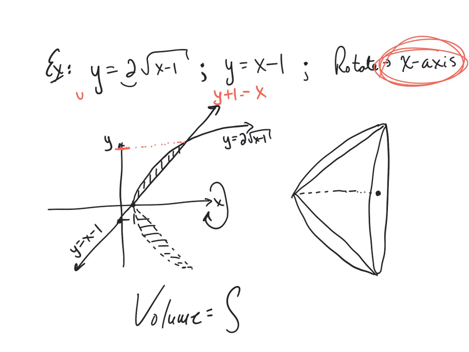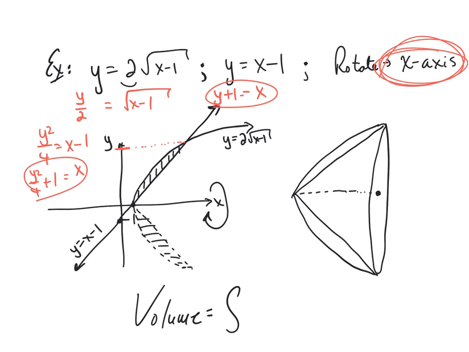What we'd have to do is divide both sides by 2. Then square both sides. And then move the negative 1 to the other side by addition. Okay, so I've solved this equation for x, and I've solved this equation for x.